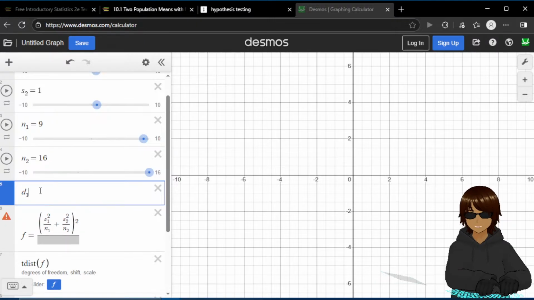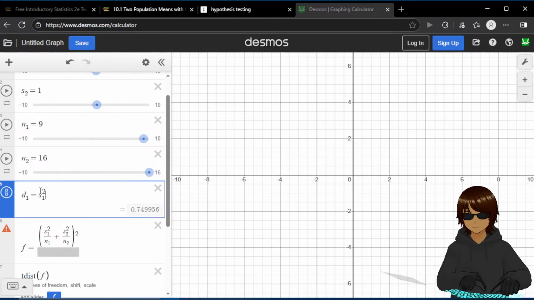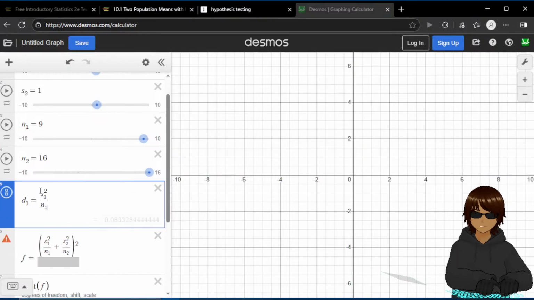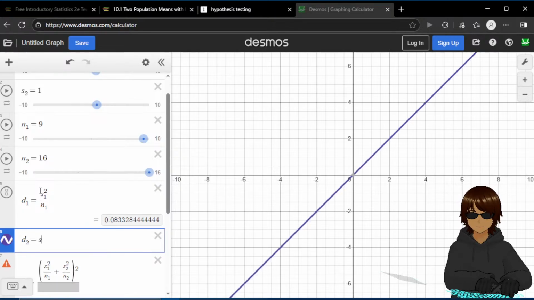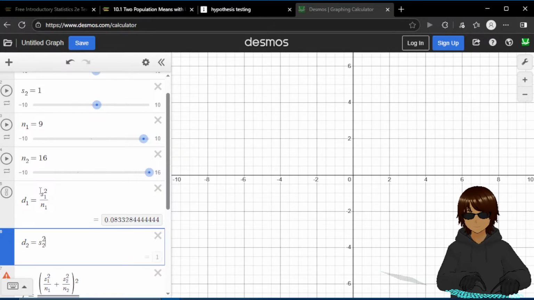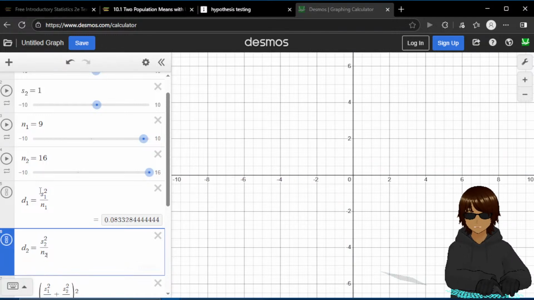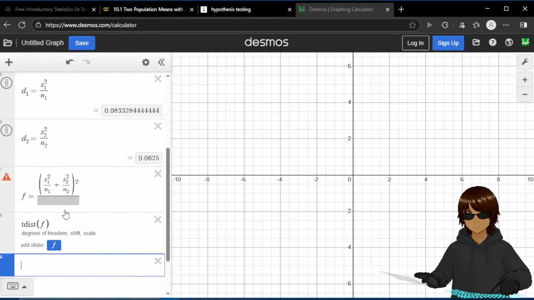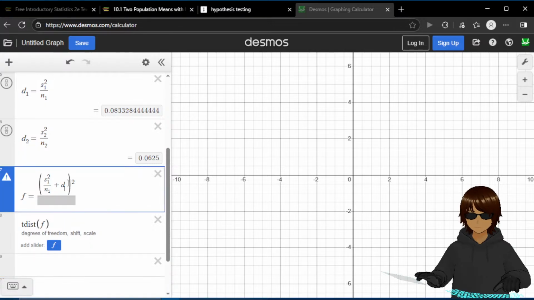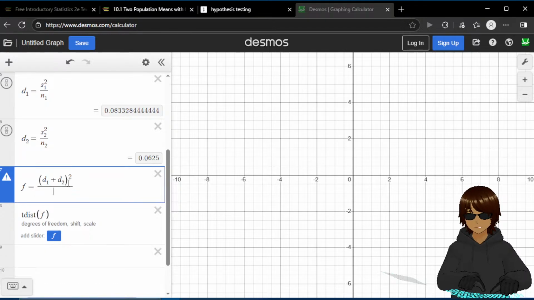I'll call it d1, s1 square divided by n1, and then d2 is s2 square divided by n2. D2, D1.